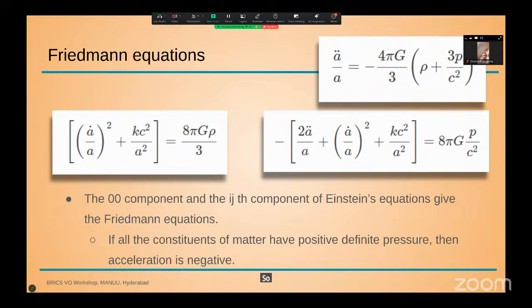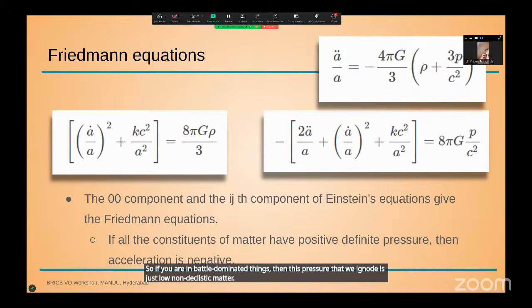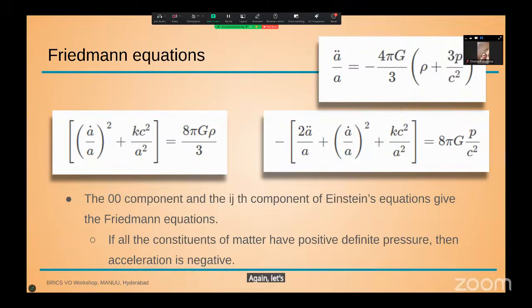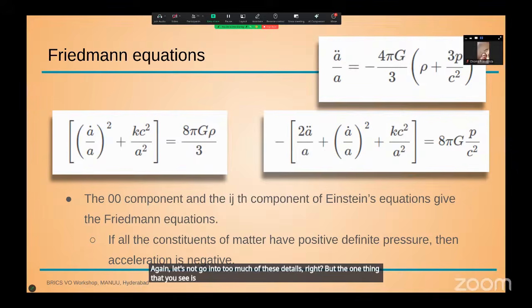So if you are in the matter dominated regime, then this pressure can be ignored, and you have just rho, non-relativistic matter. If you have relativistic matter, then this P turns out to be 1/3 of rho c square. Again, let's not go into too much of these details right now. But the one thing that you see is that if pressure is always non-negative, then you should always get a deceleration because of this minus sign.